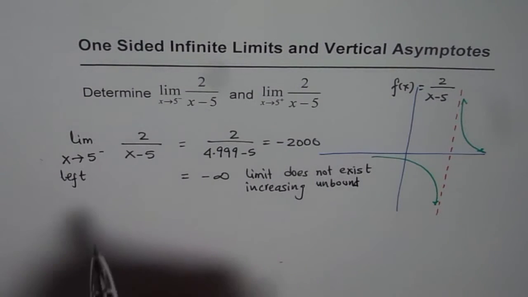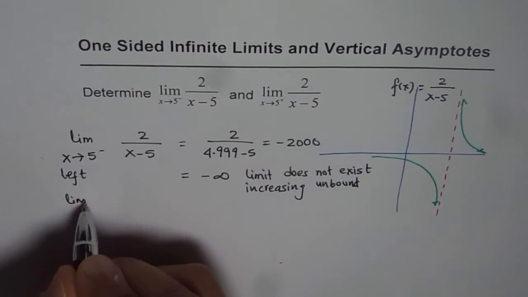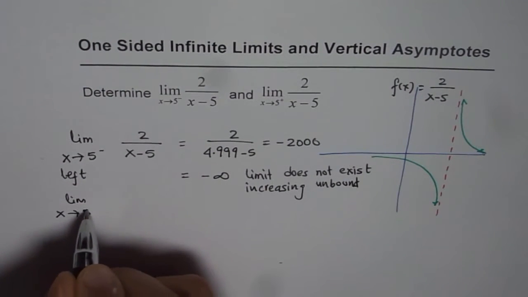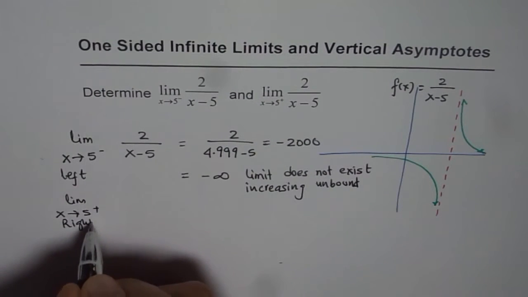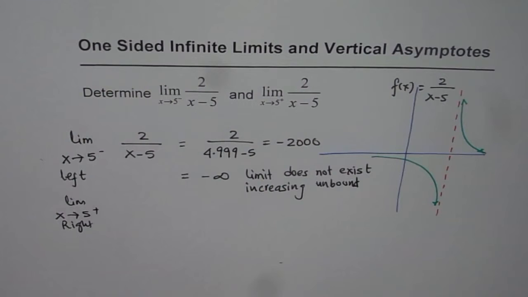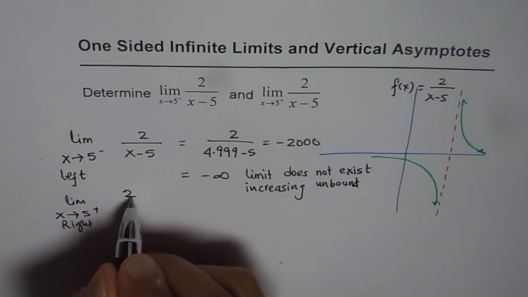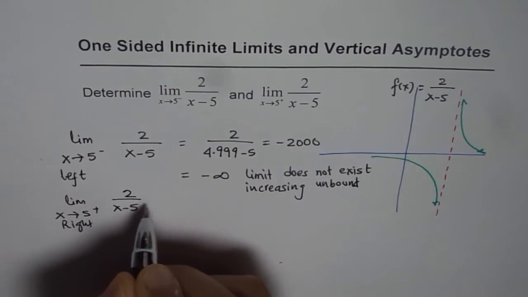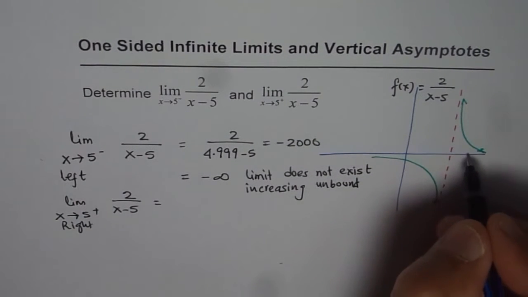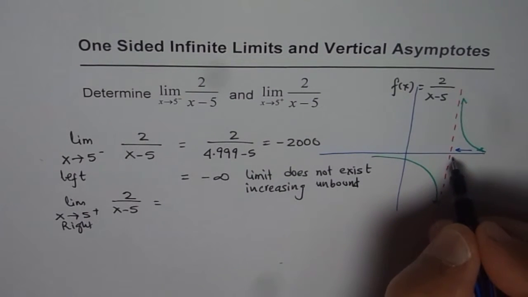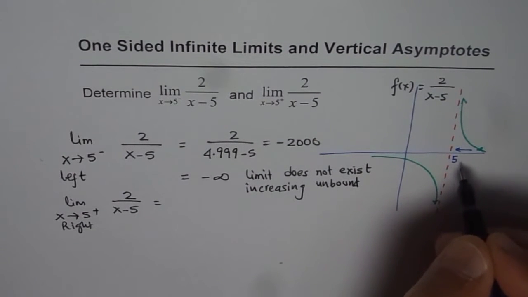Now let us also check the limit of the function as x approaches 5, but this time from the right side. This plus indicates from the right side, and the function is 2 over x minus 5. When we are approaching from the right side, the value has to be very, very close to 5.